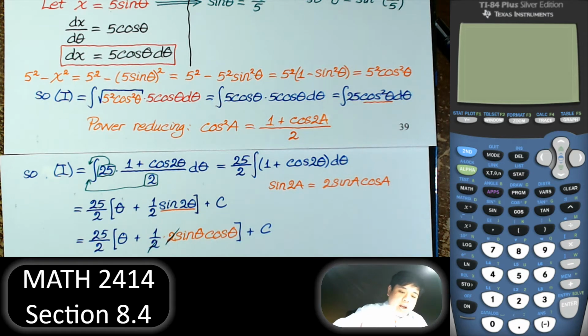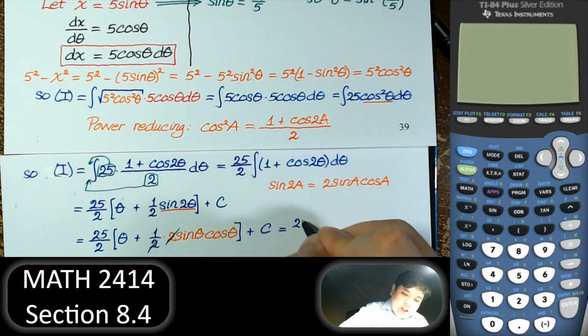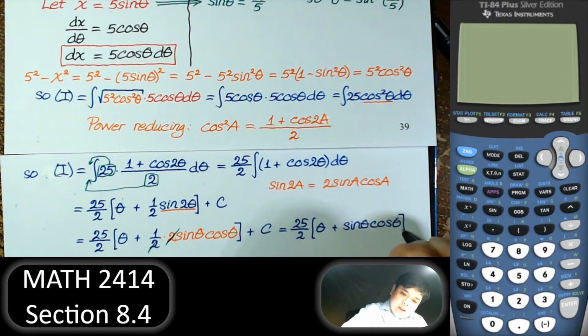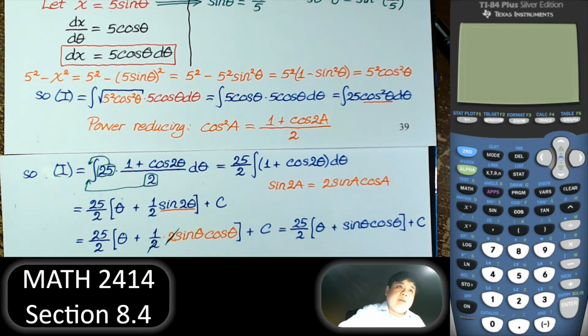The 1/2 and 2 cancel out. So this is 25 over 2 times theta plus sine theta cosine theta, plus c.